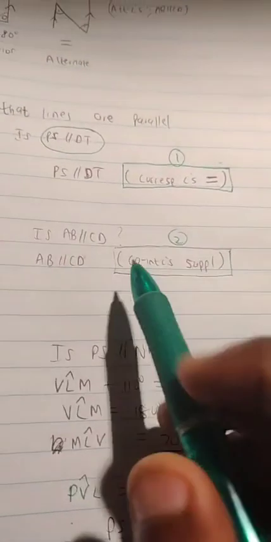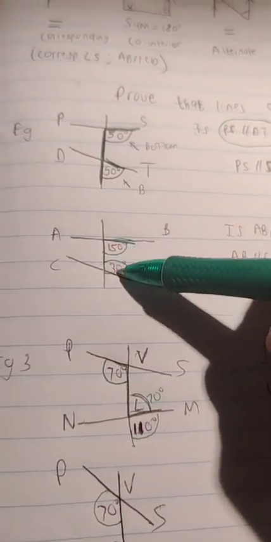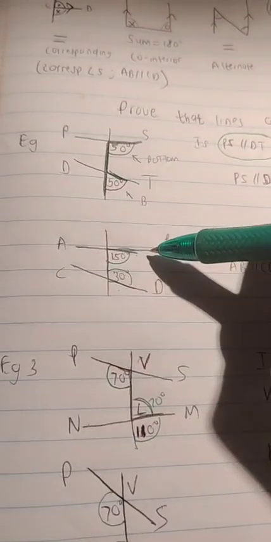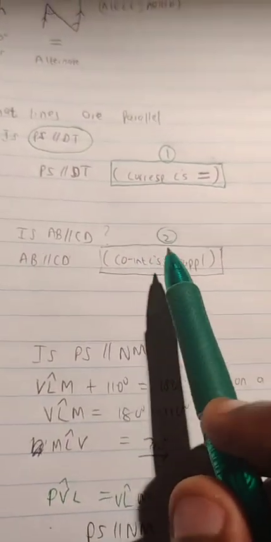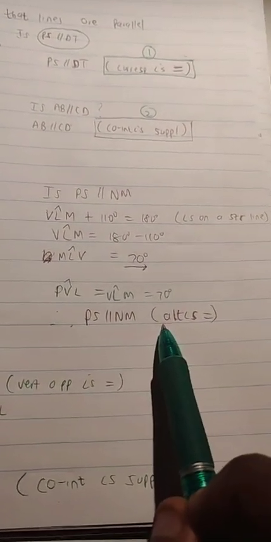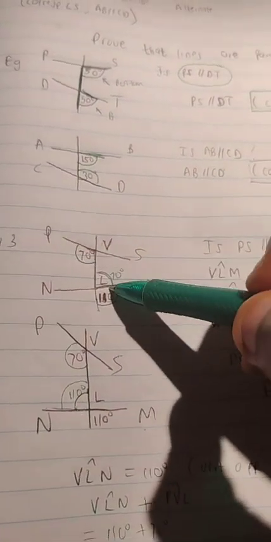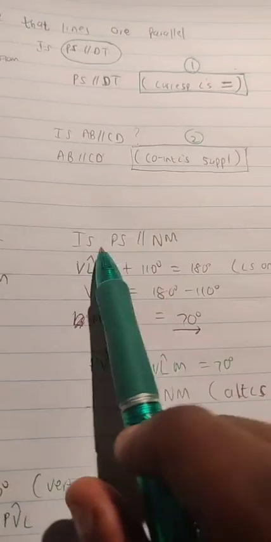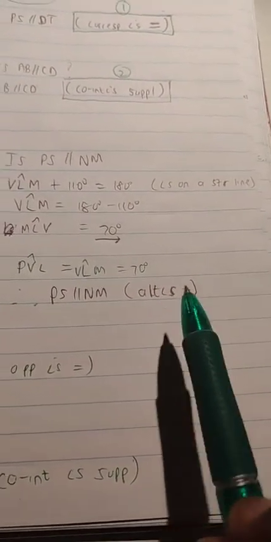Two, you can find co-interior angles that are supplementary. If you prove that they add up to 180, then the lines are parallel. Reason: co-int angles, supp. The third and final thing you can look for is alternate angles. If you find them equal, you can conclude about the lines and give the reason as alt angles equal.